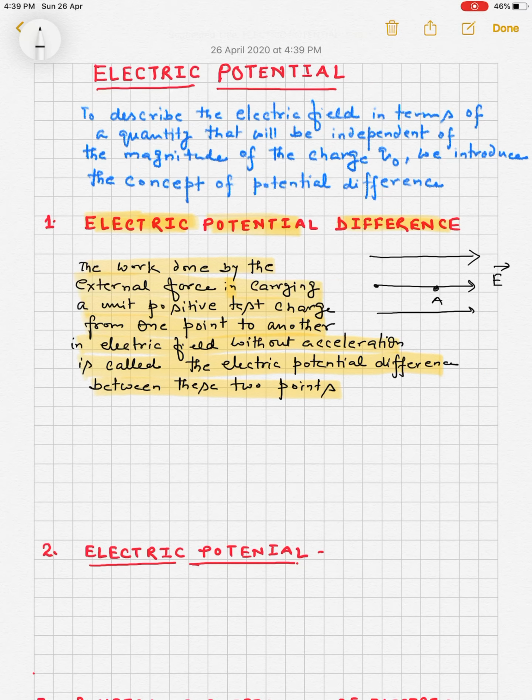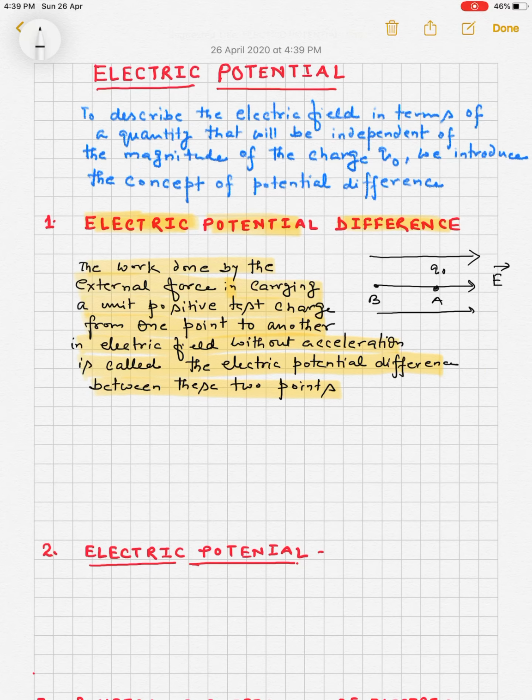One is A, another is B. A point charge Q naught is kept at A. When any charge is placed in an electric field, it will experience a force in the direction of the electric field. So if we want to move this charge Q naught from A to B, some external work is required.